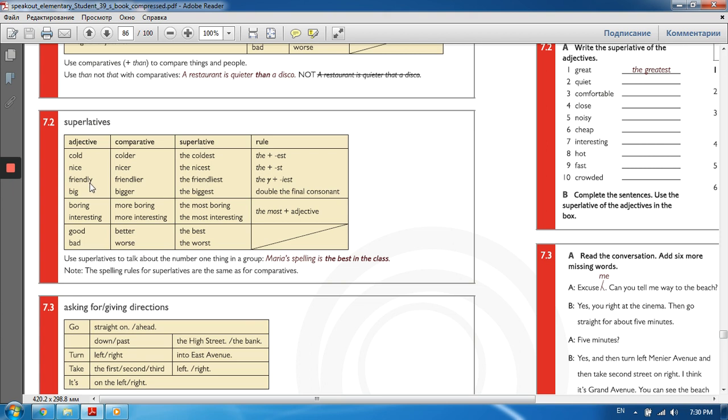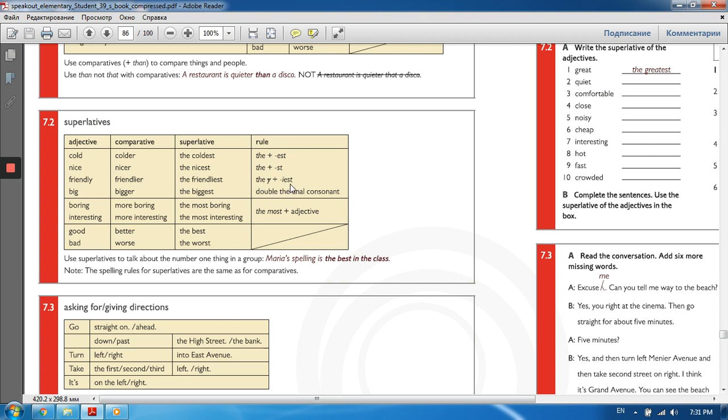We do not write y, we write i instead, and then we add er. And the same rule in the superlative degree. We do not write y, we write i instead of it, and then we add est at the end of the word in the superlative degree.